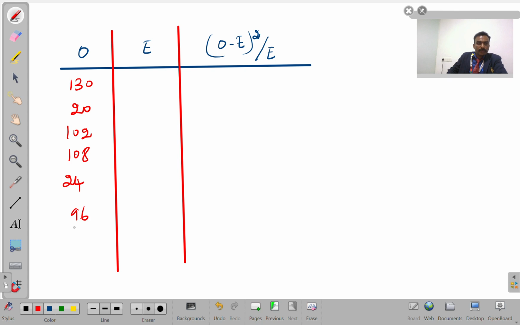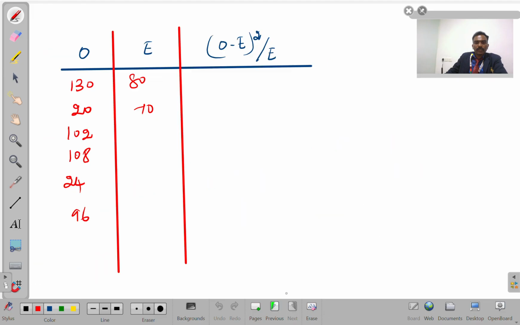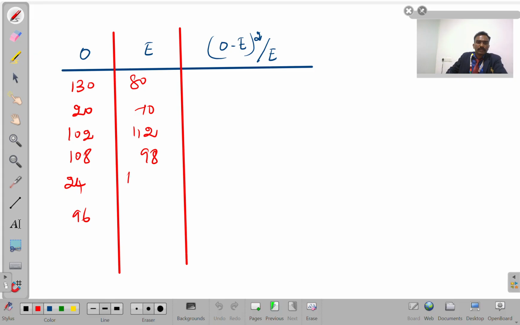Then the corresponding expected values are 80, 70, 112, 98, 64 and 56.